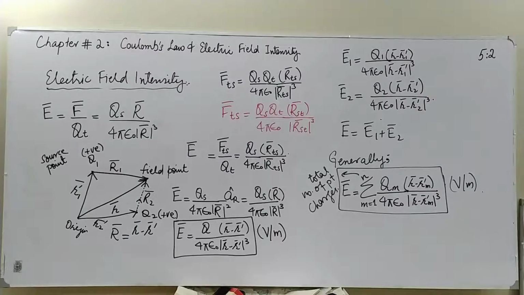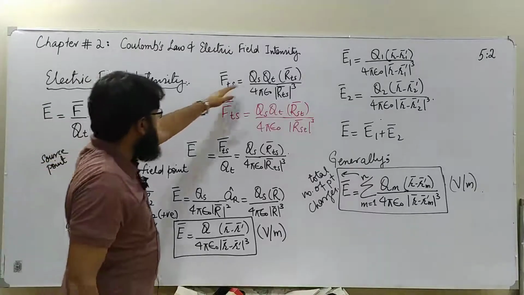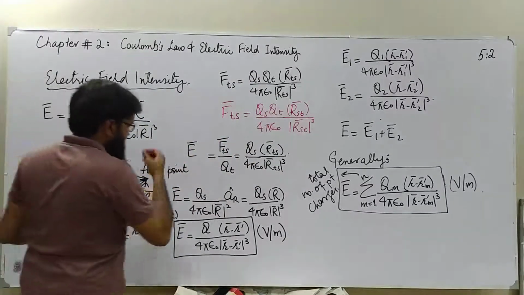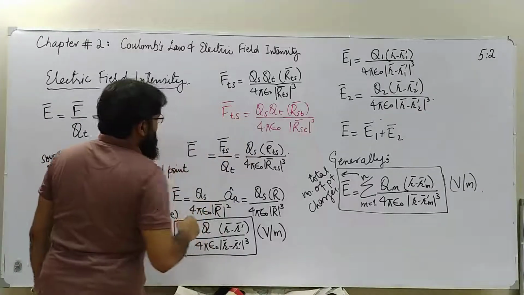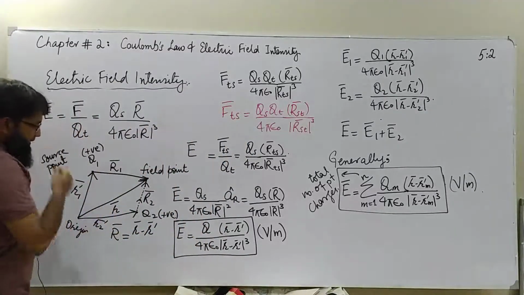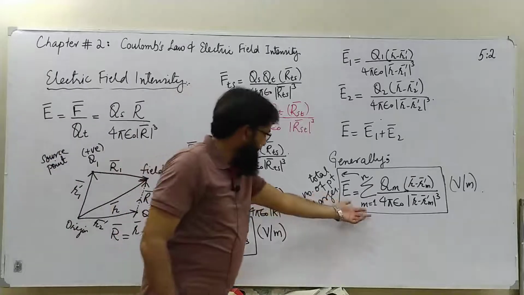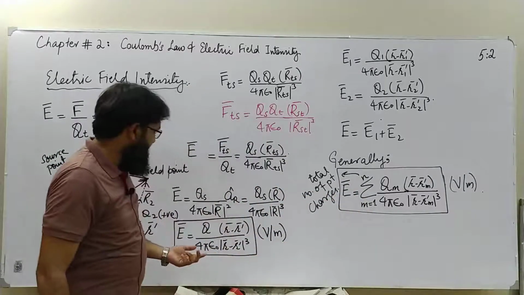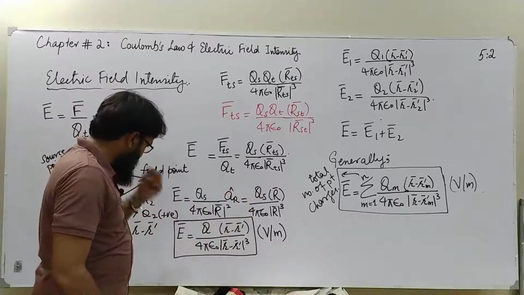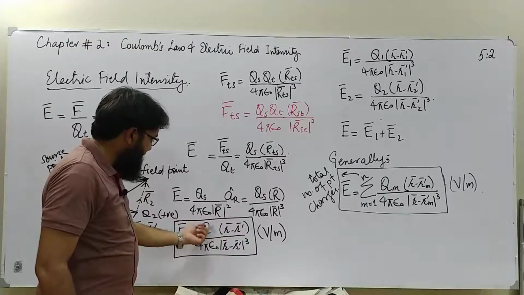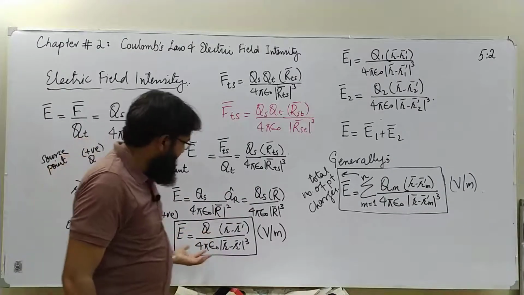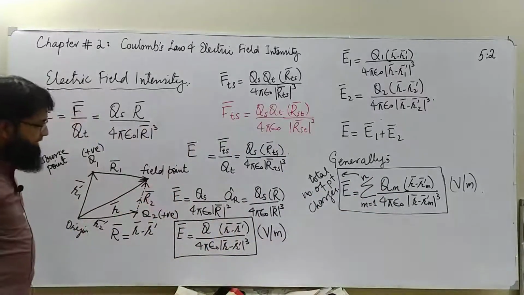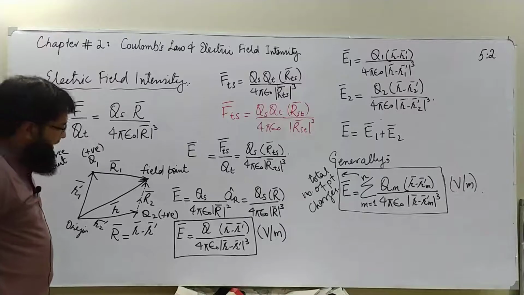So you can see that we don't need any unnecessary subscripts to make our expression look really difficult and complicated, whether in the case of n number of point charges as the source charges, or only one charge as the source charge. We don't need any additional subscript to clarify anything.